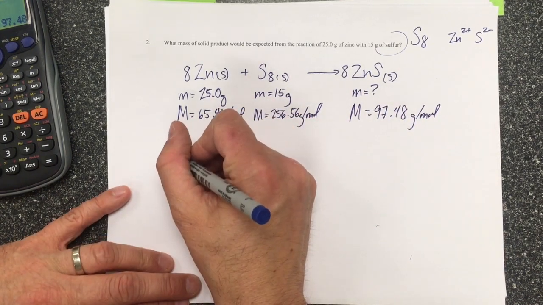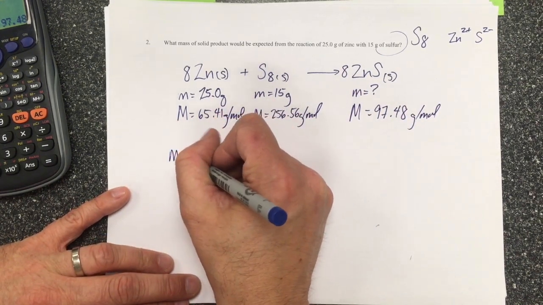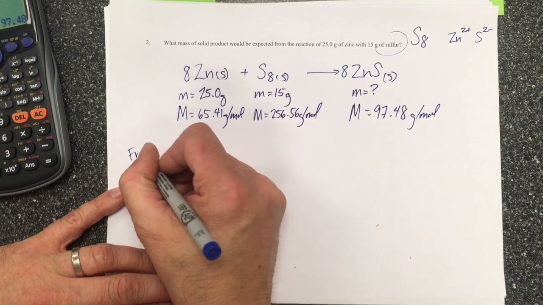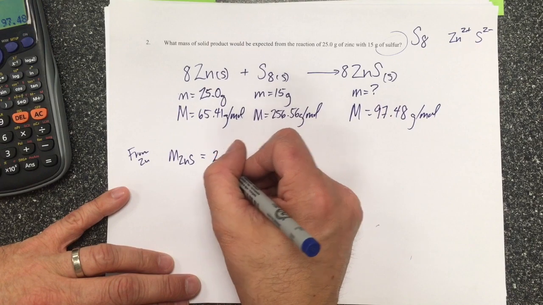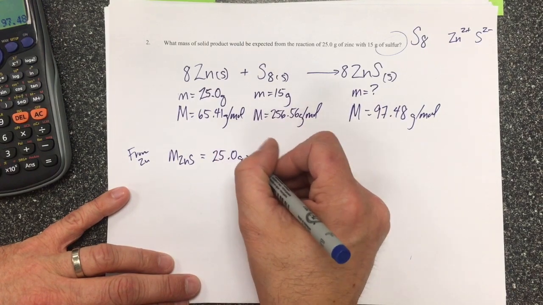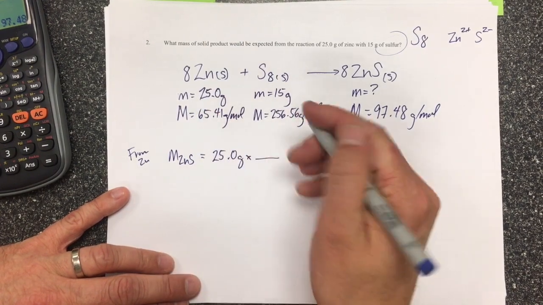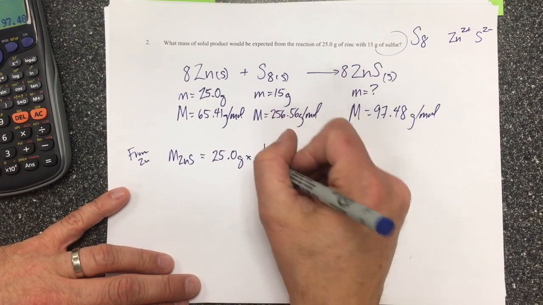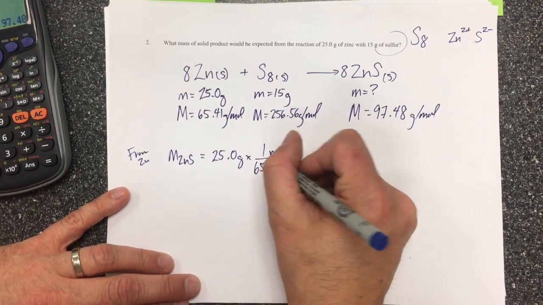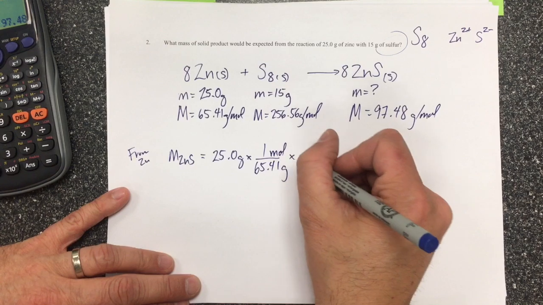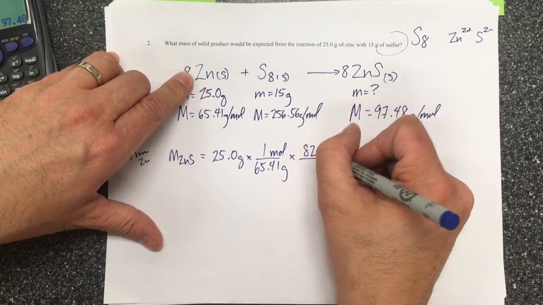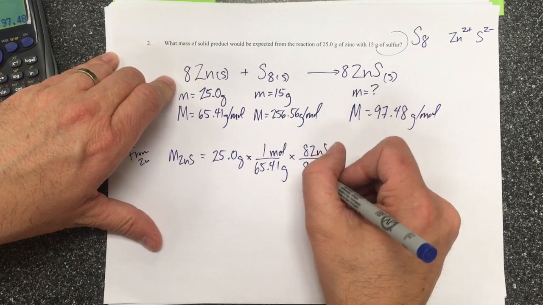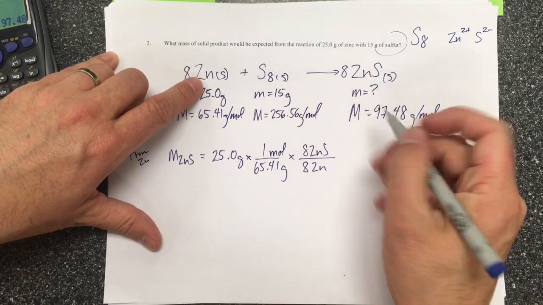So the mass of zinc sulfide from zinc is going to be equal to 25.0 grams of zinc, and then I want it to be moles. So I get 1 mole for every 65.41 grams. And then I get 8 zinc sulfides for 8 zincs using the coefficients.